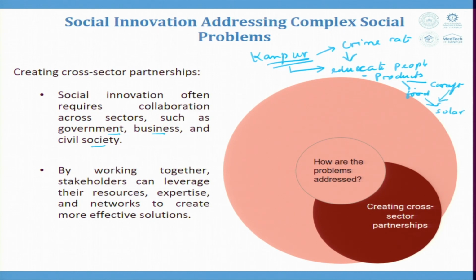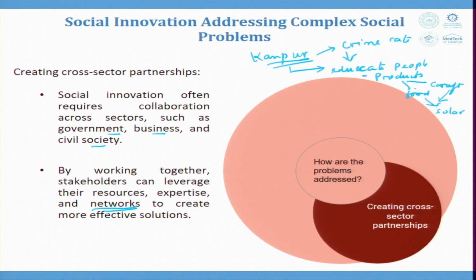So, we work across sectors. We work with government, businessmen, and civic society in developing solutions. By working together, the stakeholders can leverage their resources, expertise and networks to create more effective solutions.